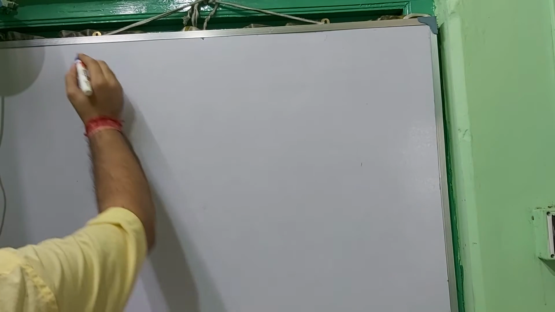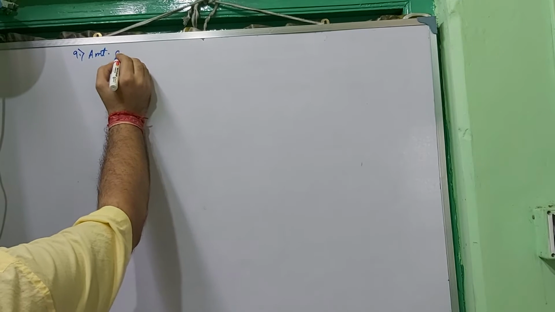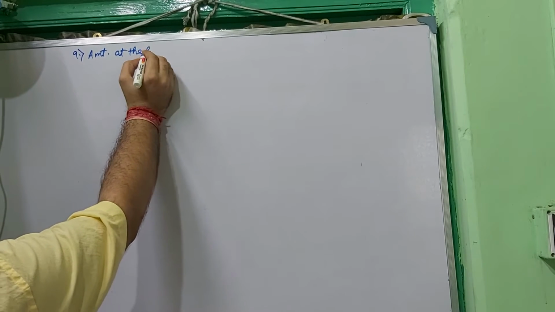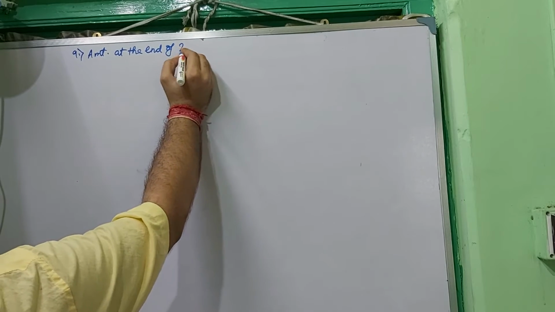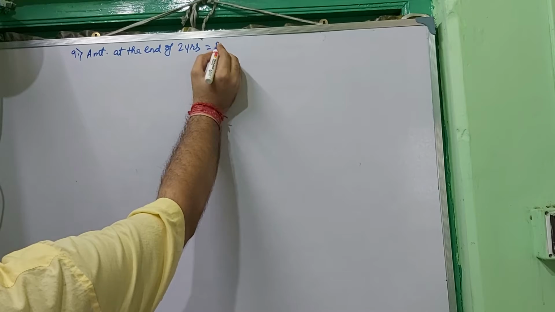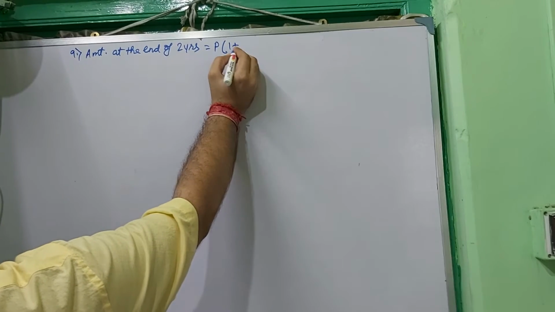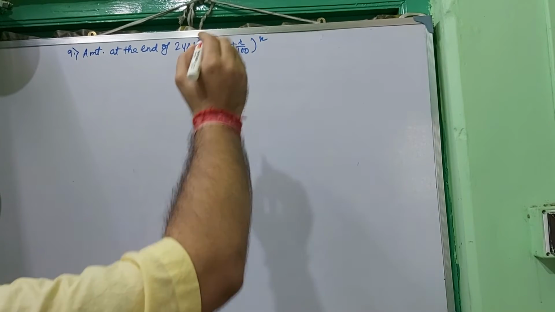So, this is sum 9. Amount at the end of 2 years is equal to P into 1 plus R by 100 whole to the power n.